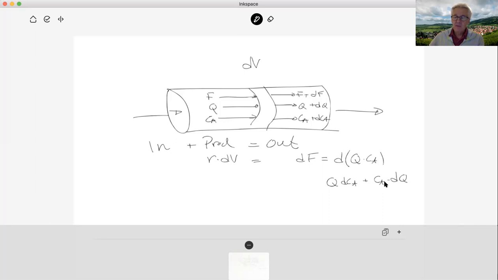Now that is something that we should carry with us, that the production equals the output, but the output is composed of two different parts, one related to change in concentration, one related to change in flow.